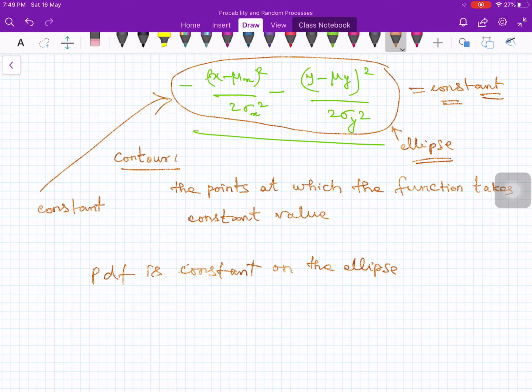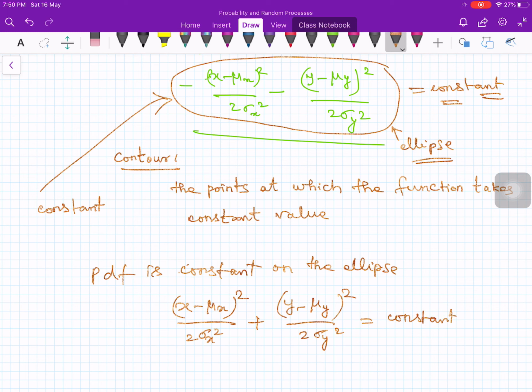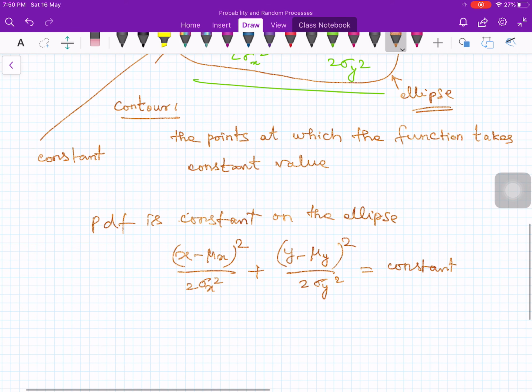Therefore you remove the minus sign, so (x minus mu x) the whole square over 2 sigma square, plus (y minus mu y) the whole square divided by 2 sigma square equal to constant is an ellipse. Now the shape of the ellipse is like this.